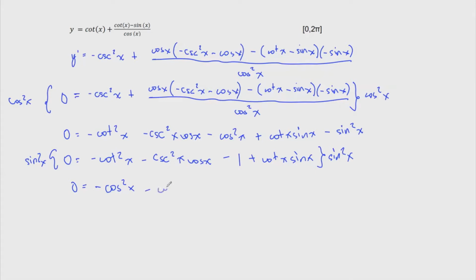So we're left with negative cosine of x, and then that will be negative sine squared x. And then for this case, this is actually cosine of x over sine x, so we're left with cosine of x, and then we multiply this with sine squared x. Okay, and then we can also add this too, so we have negative 1 minus cosine of x plus cosine of x sine squared x.